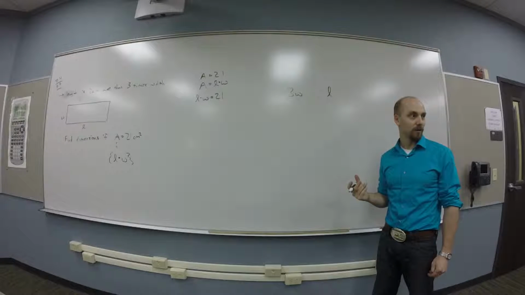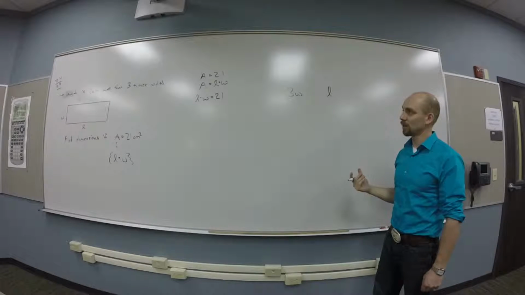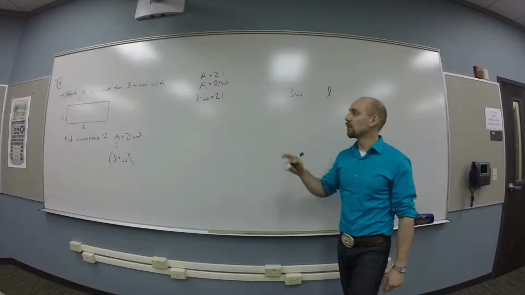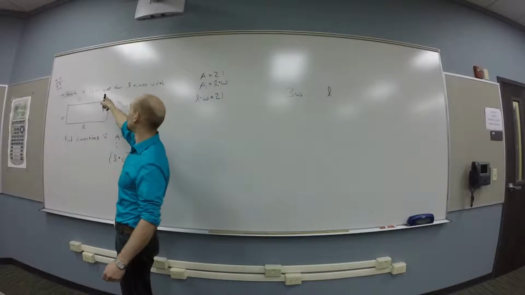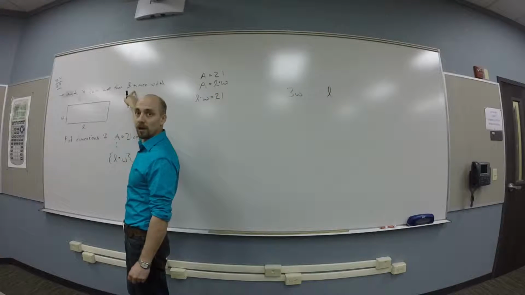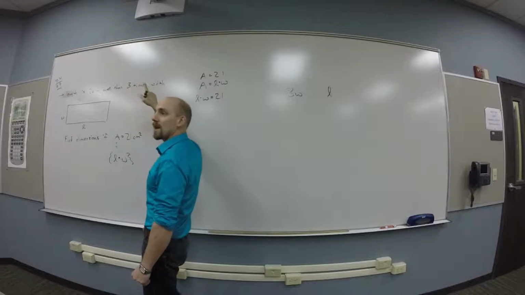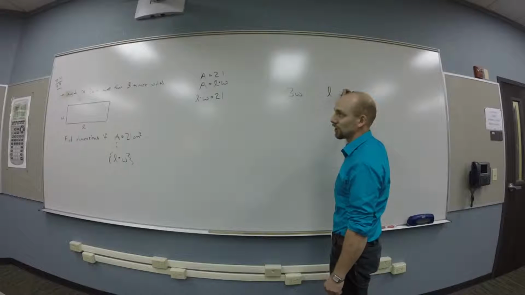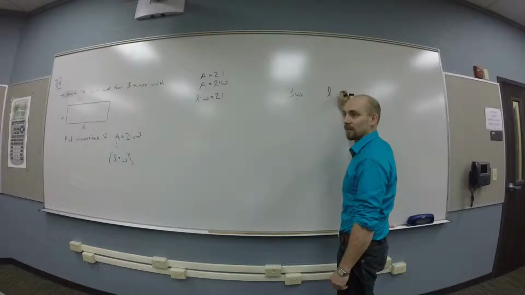You guys all see that? Which one of these is bigger? The width? No, the length. The length is 2 centimeters more than 3 times the width, right? So to make them of equal size, I need to add the 2 centimeters to the 3 times the width.